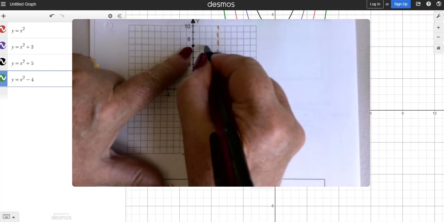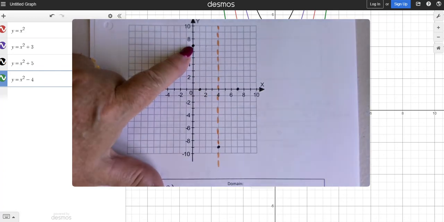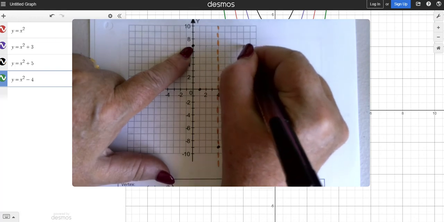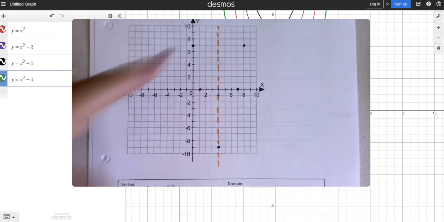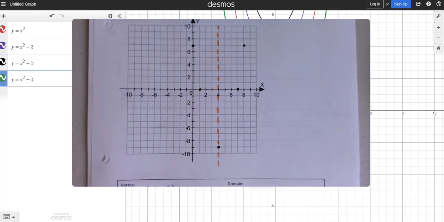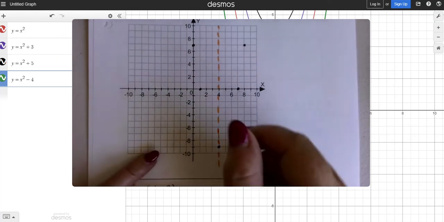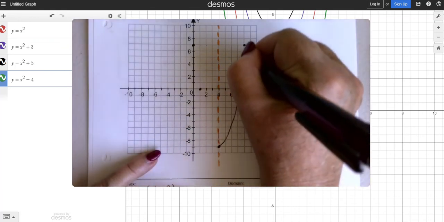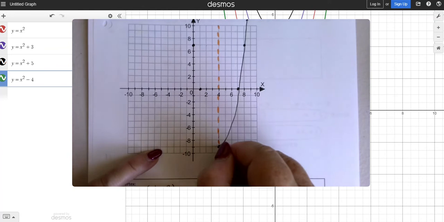It's 1, 2, 3, 4 units to the left of the axis of symmetry, which means there had to be another point 1, 2, 3, 4 units to the right. So kind of algebra free, we get that extra point, which can help us to guide us as we draw our parabola. All right, we know what a parabola looks like. So use those points as guidelines and sketch it in.